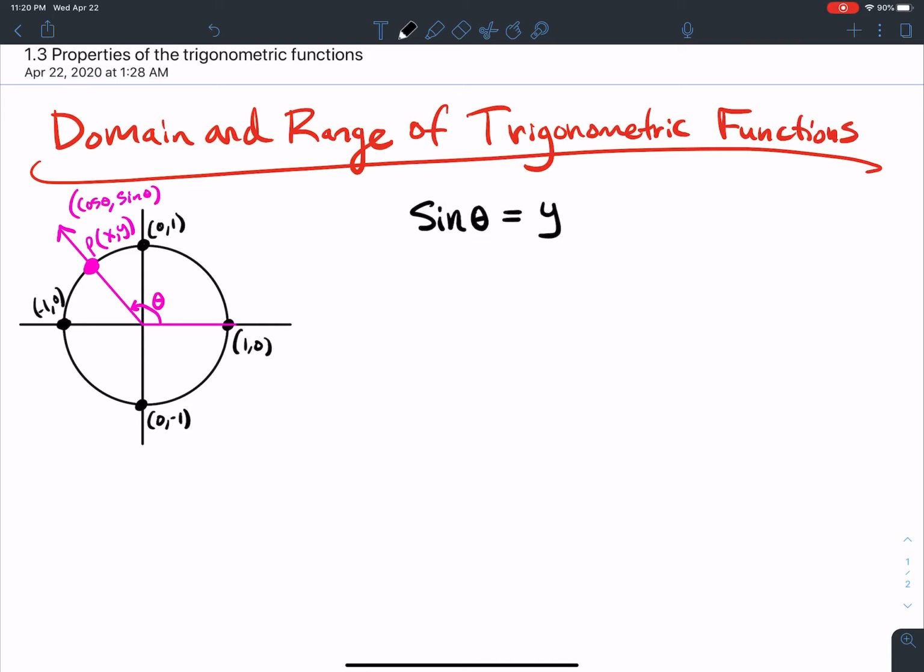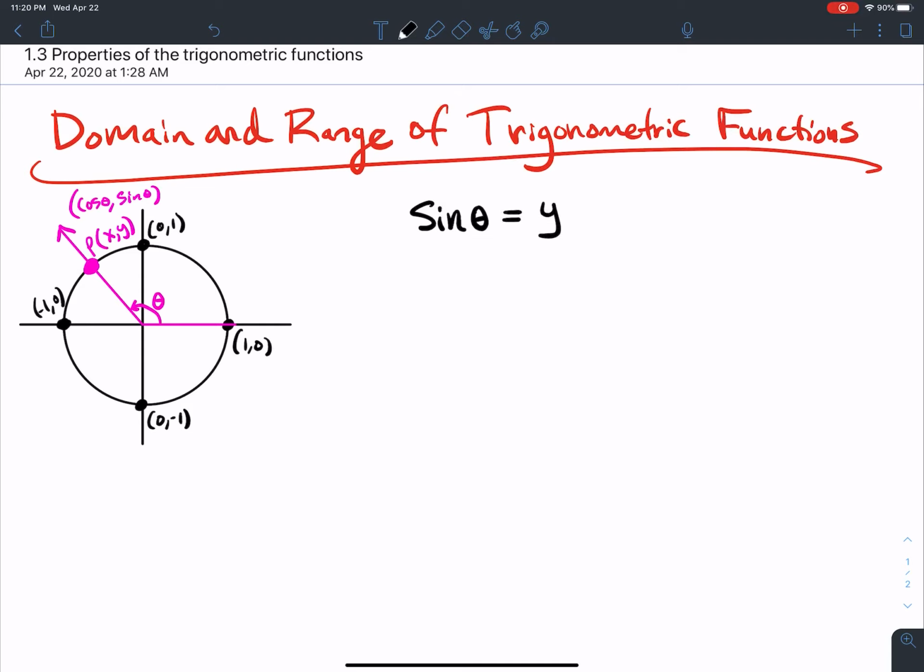Now, for sine, there is no concern about dividing by 0 here. So there's no input of theta that I can plug in where I end up dividing by 0, which is a no-no, right? That's one of our things that would limit our domain.